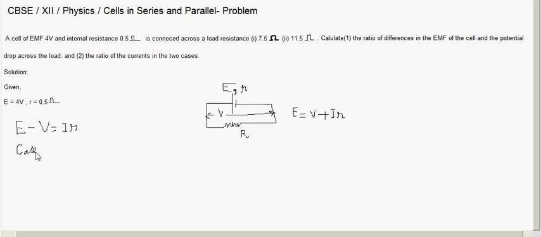Case 1. The load resistance R is equal to 7.5 ohm. So in this case current I1 is equal to E divided by R plus r, which is 4 divided by 7.5 plus 0.5.